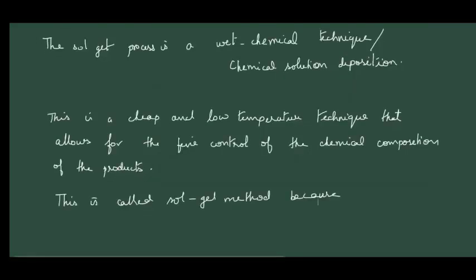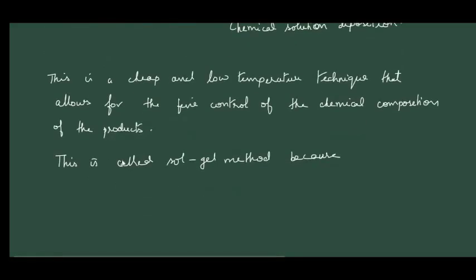This is called sol-gel method because in this chemical procedure, a sol or a colloidal solution gradually evolves to form a gel. This is used to synthesize nanoparticles of metal oxides.